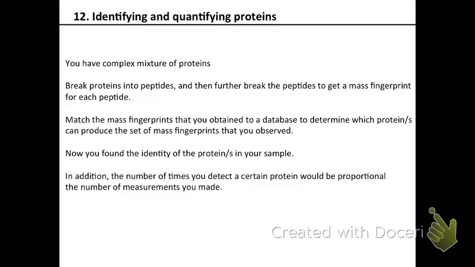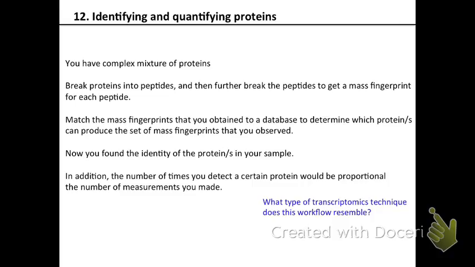Does that make sense? All right. So basically what that means is the number of times you detect a certain protein in this analysis would be proportional to the number of measurements you make, and that would be proportional to the amount of protein in your sample.